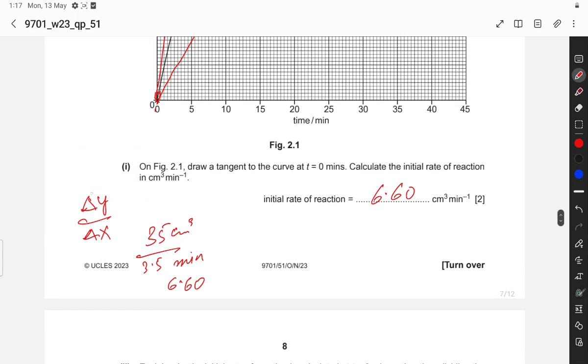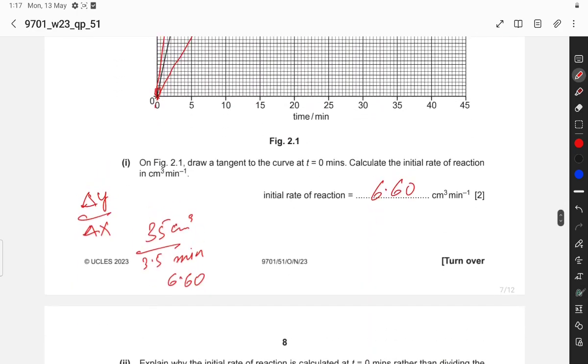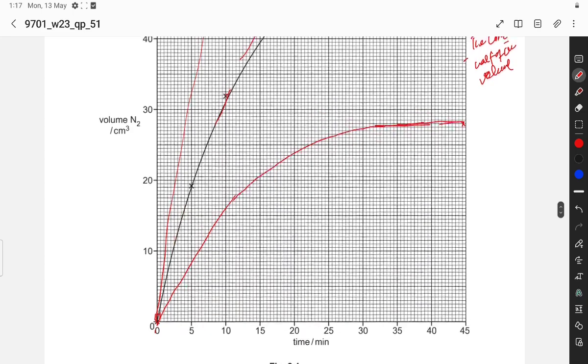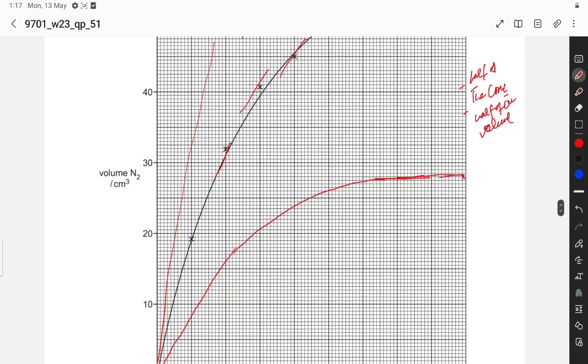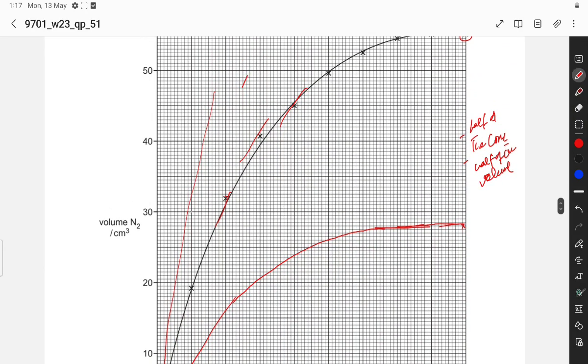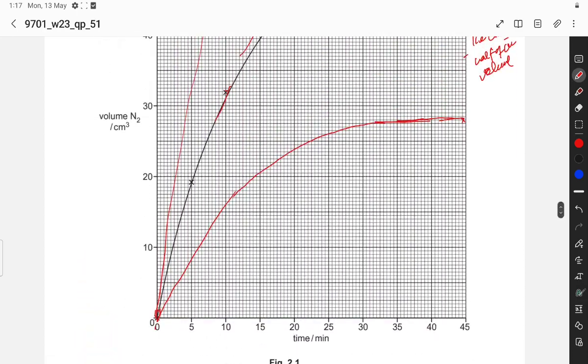So that is dy by dx: 35 cm cube divided by 3.5 minutes. Drawing the tangent, over 1, 2, 3, the volume is 35, so 35 over 3.5 minutes.